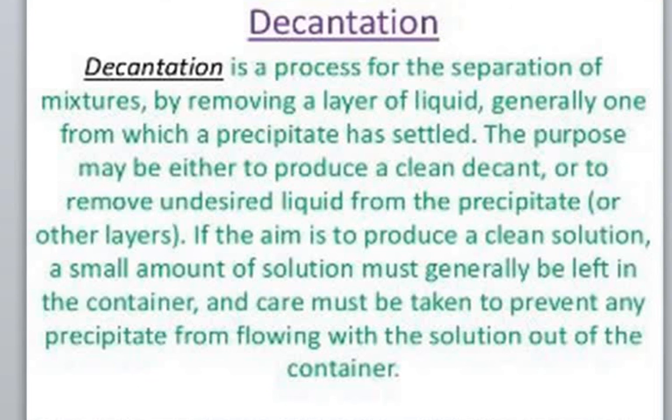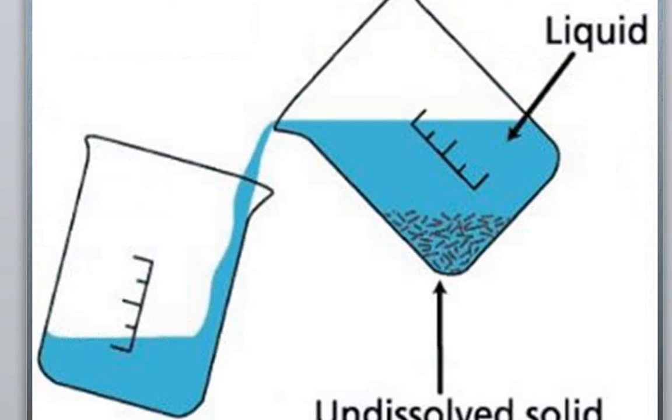Decantation is the separation of a mixture by removing a layer of liquid. Obtaining clear liquid by pouring it into another container without disturbing the sediments is called decantation.